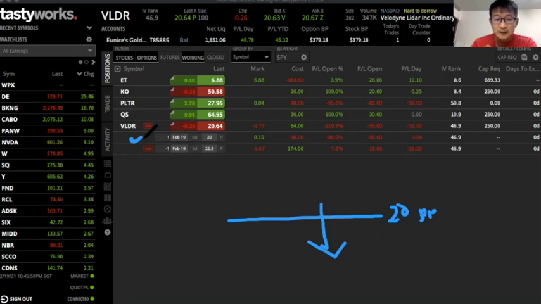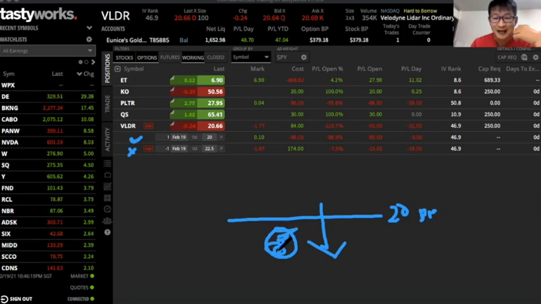So in this particular action, you just need to close this to take losses, and you hope, you pray this stock might drop beyond 20, so we can still capture some profit over here.